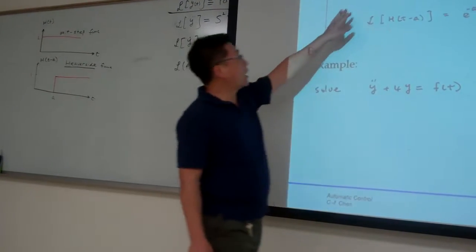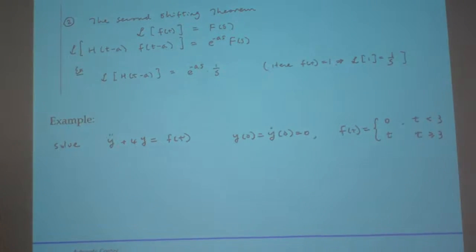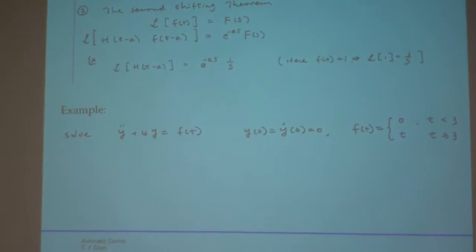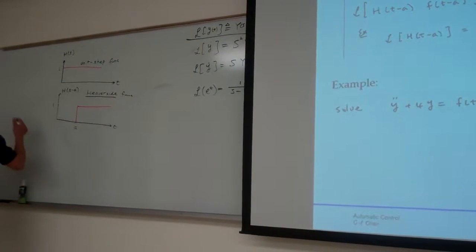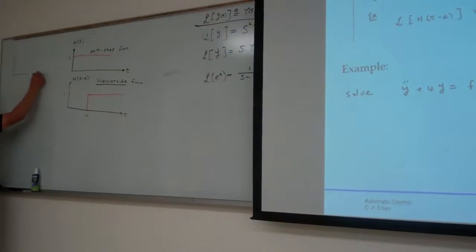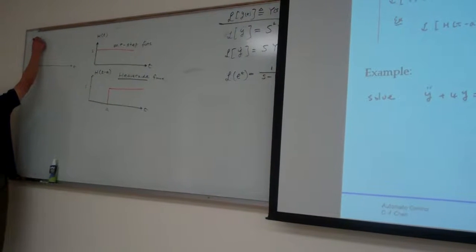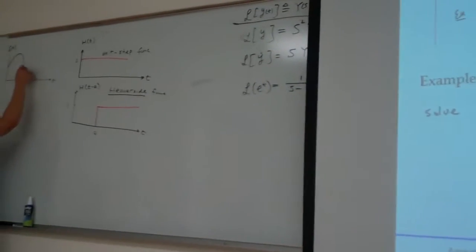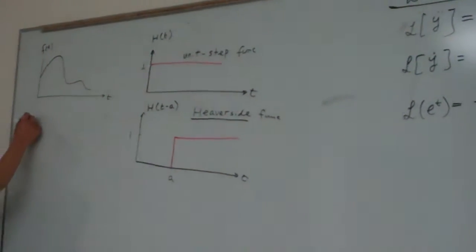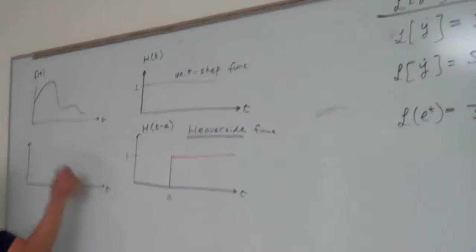So anyhow, here we have the function like this. And what is f of t? For example, if we have a general function, f of t is something like this. And what is f of t minus a?